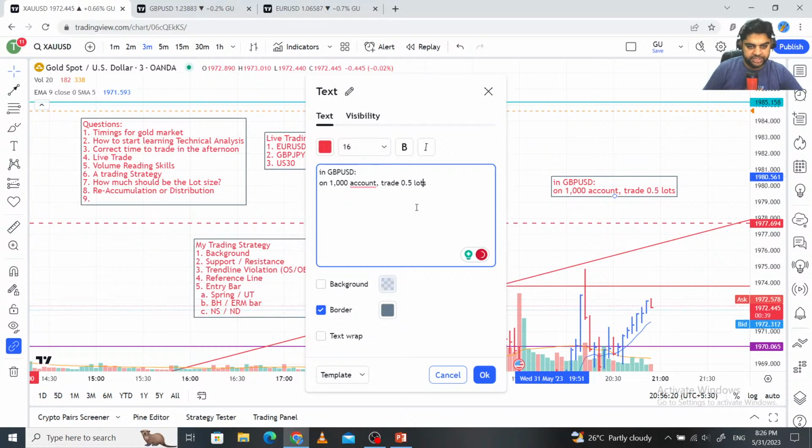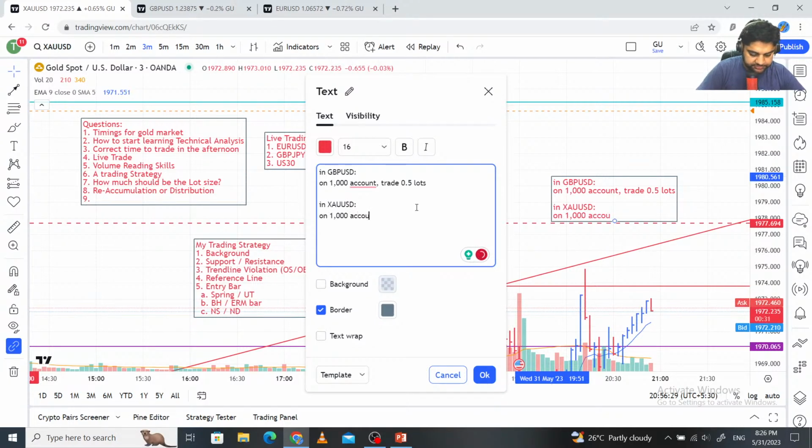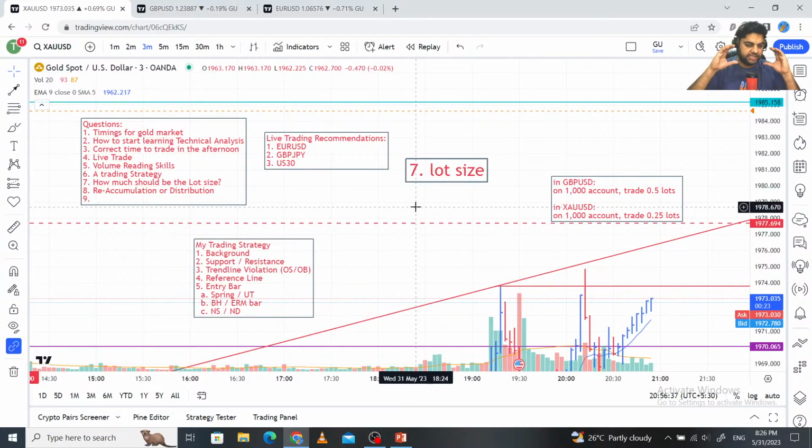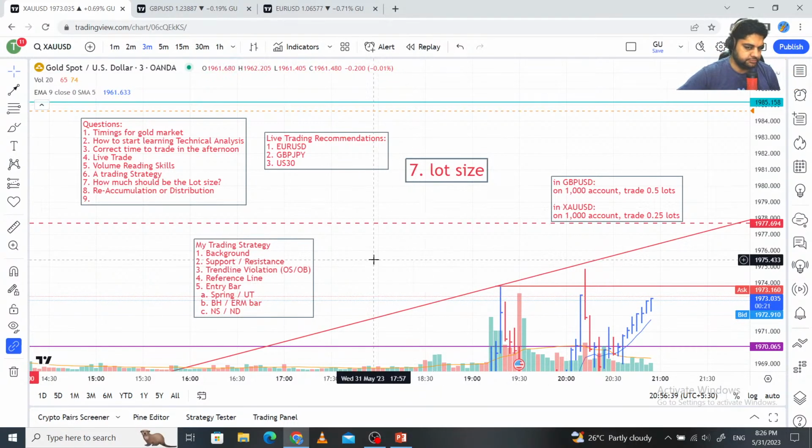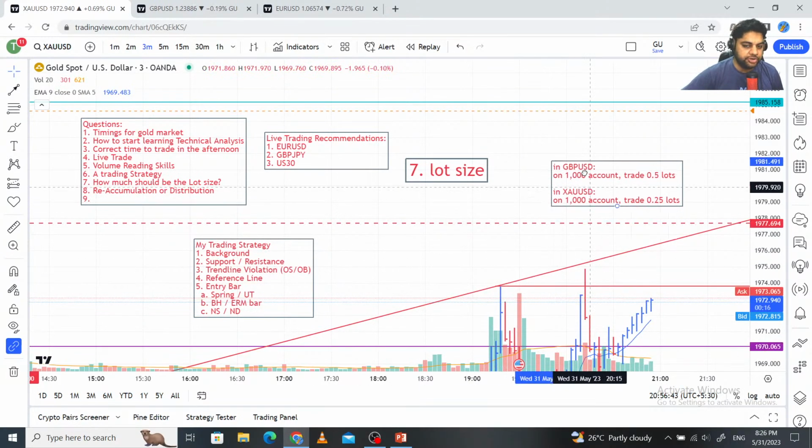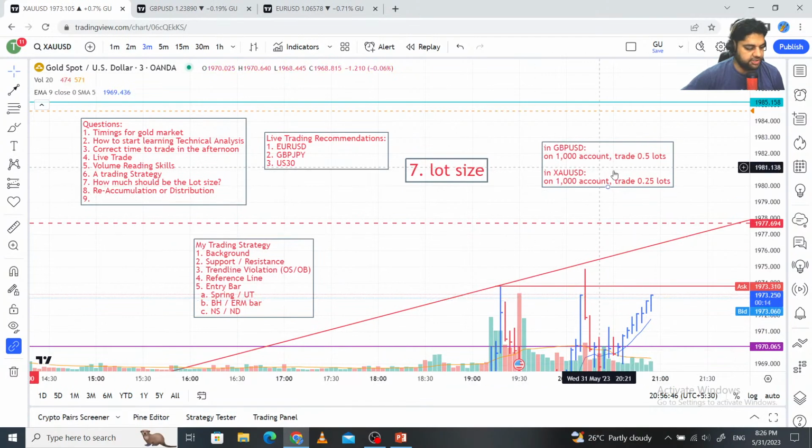In gold, XAU USD, on a $1,000 account, trade how much? Trade 0.25 lots. This is just a broad idea. Of course you will do your own research according to the lot sizes I have given you. This is just an example.